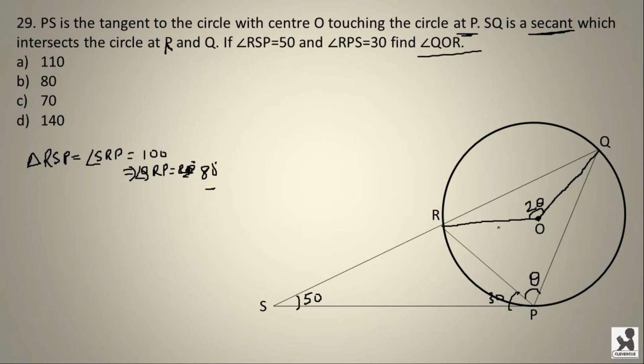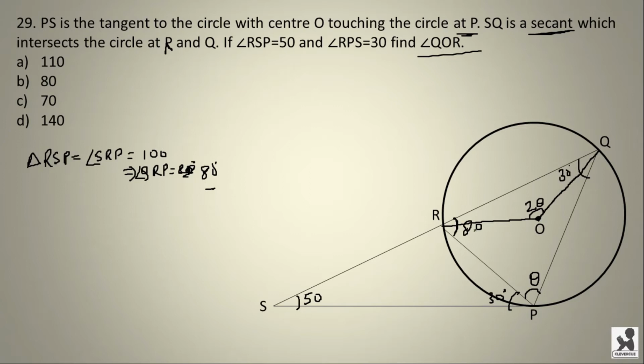Or we can also do this. External angle R is the sum of opposite angles, that is 50 plus 30. So this angle is 80 degrees. Now here SP is the tangent to the circle and angle SPR is 30 degrees. So according to the alternate segment theorem, we get angle RQP as 30 degrees.